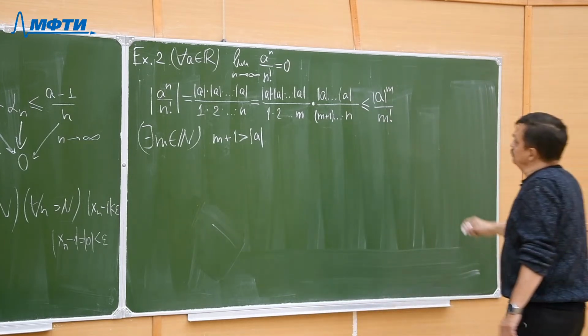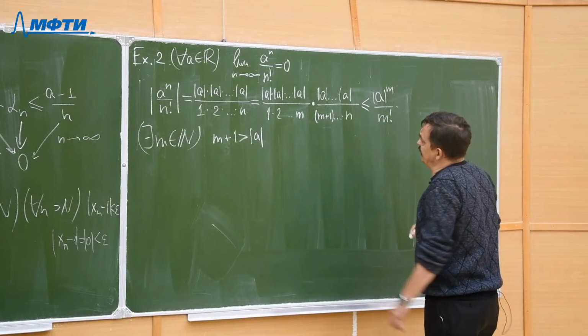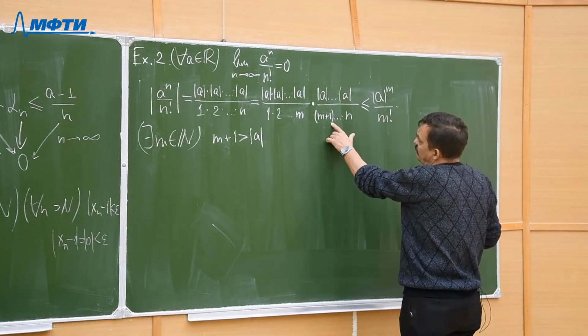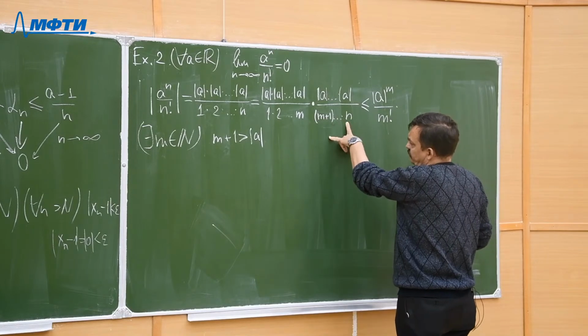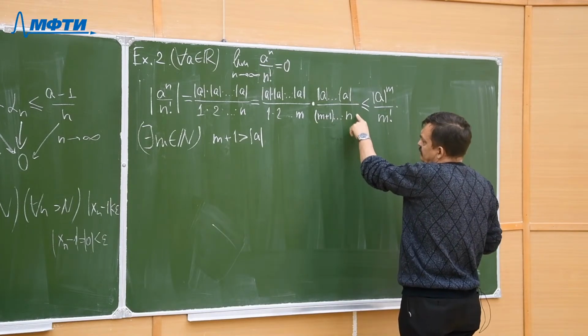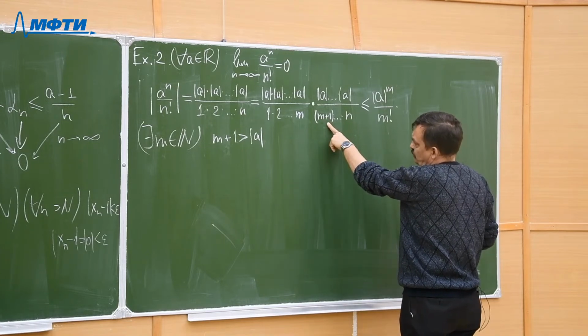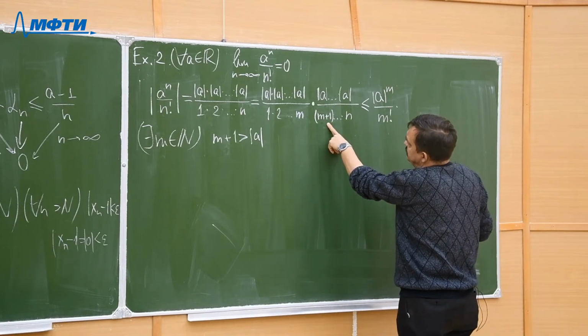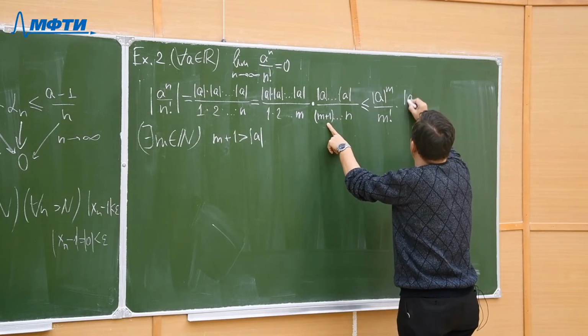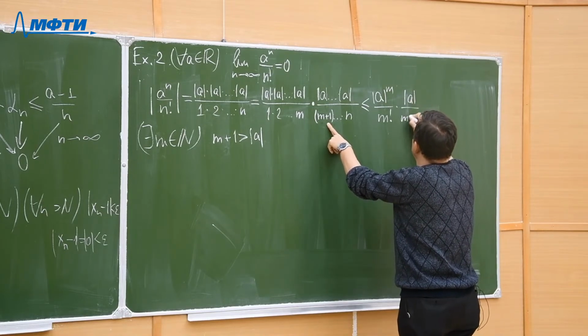And the second one, we replace every multiplier in the denominator by the smallest one. The smallest is m plus 1. Hence, we have modulo a over m plus 1.